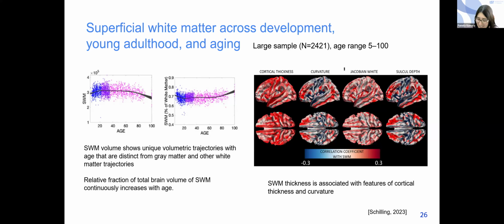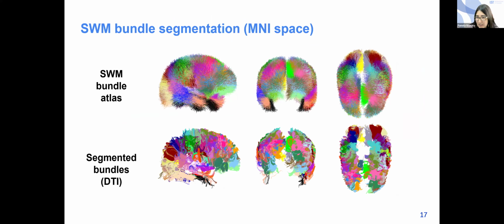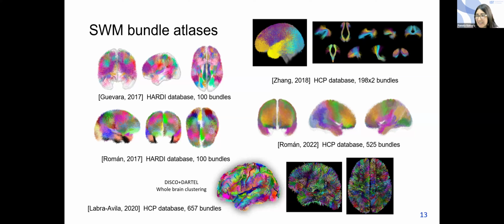It's a good question. Yes, that's true. For example, you can see here the temporal lobe, there are fewer fibers here in the atlases. So I think it's more difficult. Maybe there is more variability.